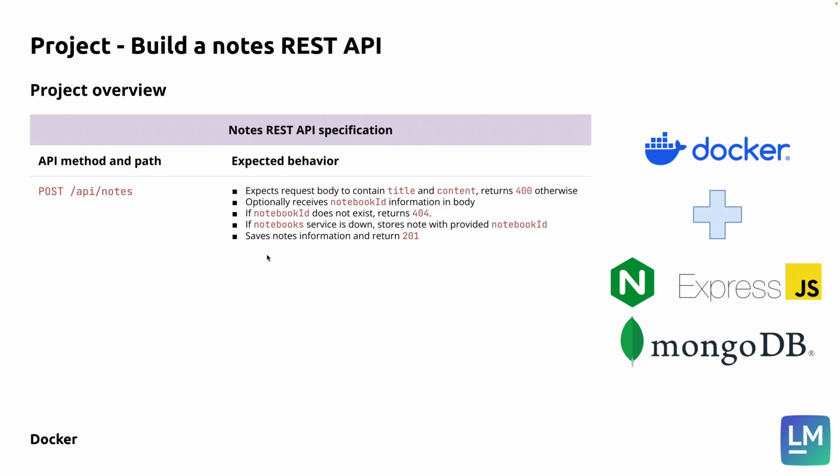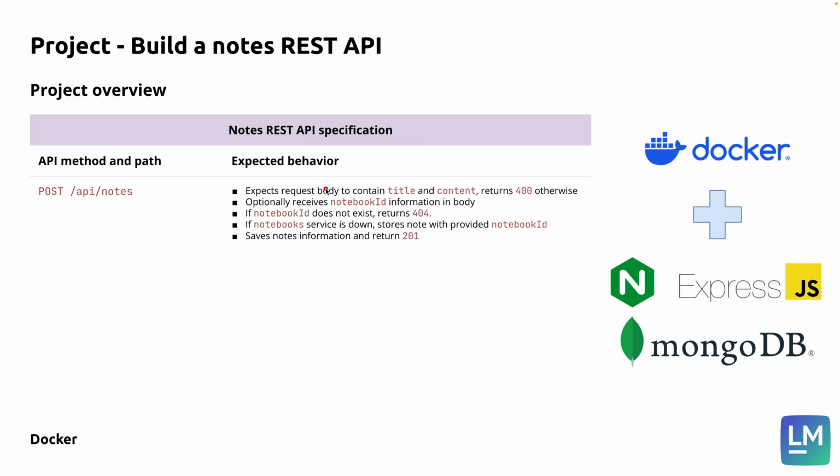Let's then move on to the Nodes REST API specification. Whenever we post to /api/nodes, the endpoint expects the request body to contain both the title and the content fields. It should return 400 if this is not the case.